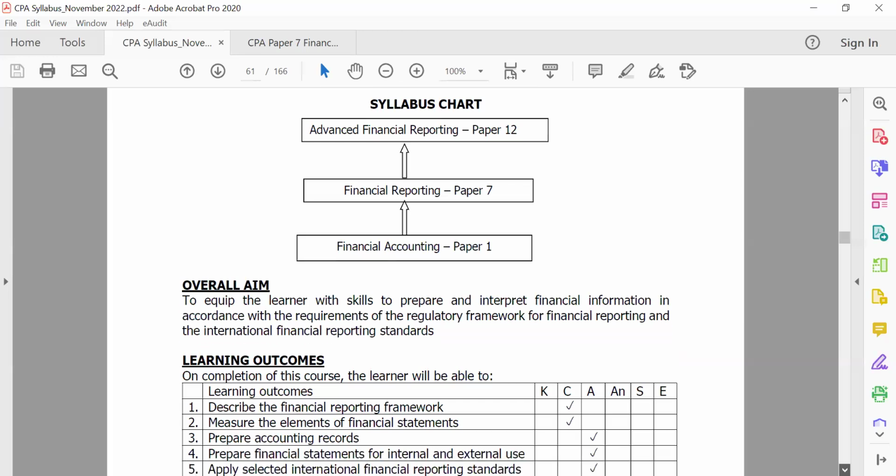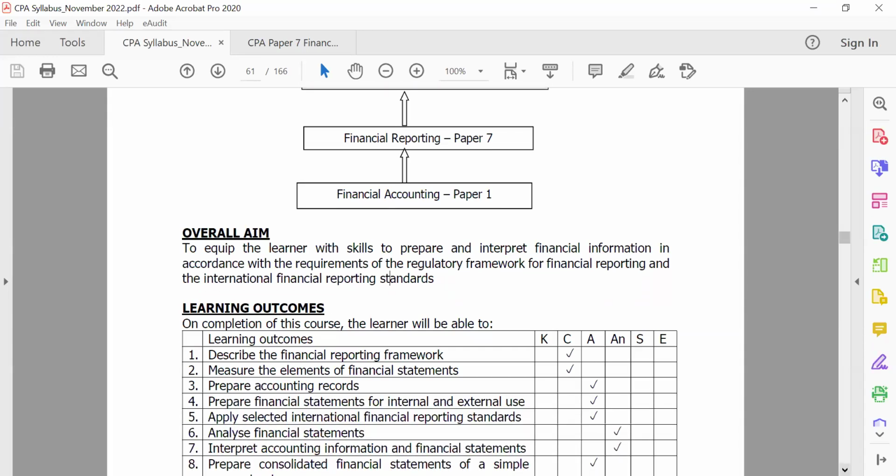So this paper on its own, of course, will start with the financial reporting framework. And here we shall concentrate more on the conceptual framework to understand what the requirements of the conceptual framework are, what exactly we should do when it comes to following the principles from the conceptual framework.